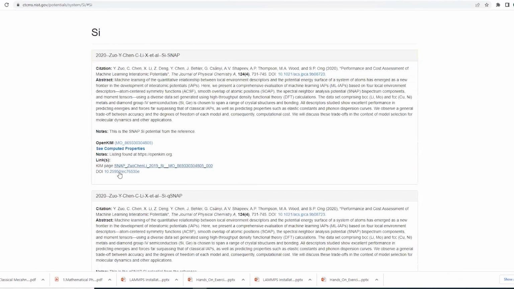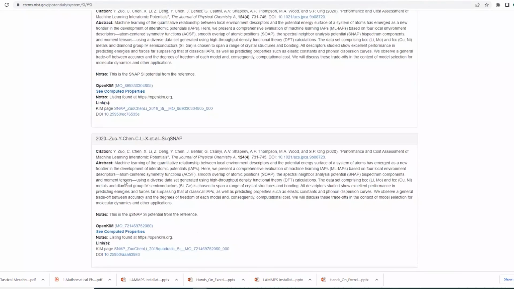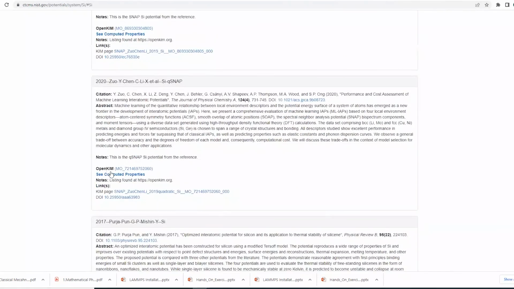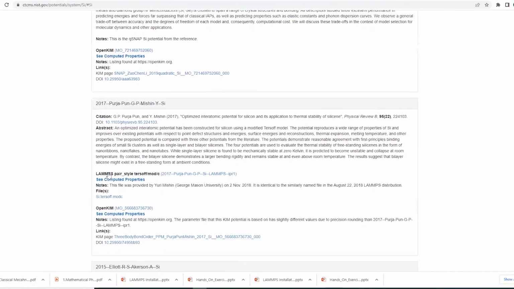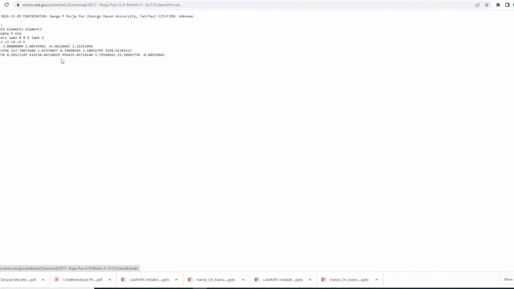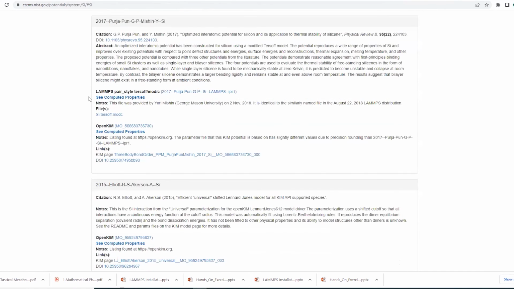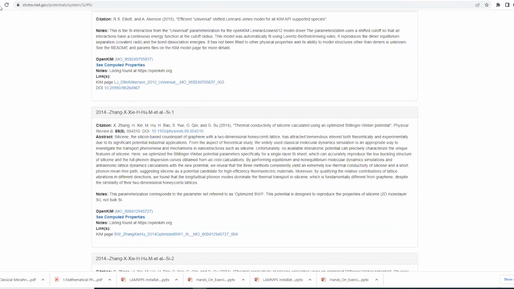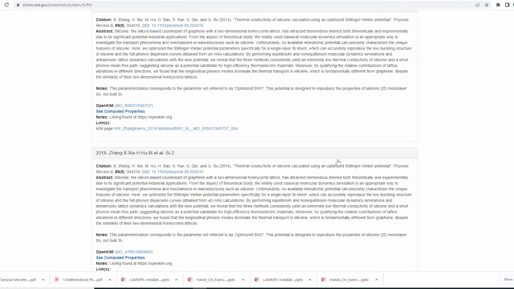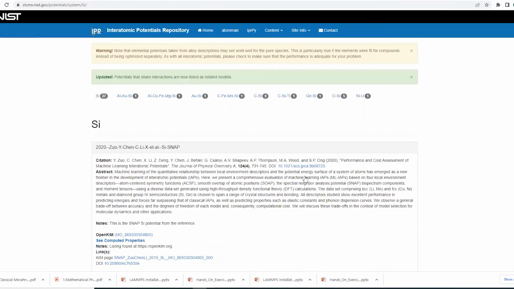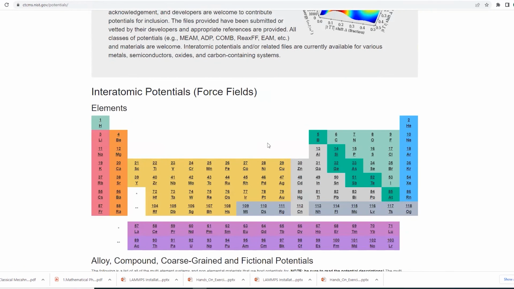So you'll get the potential from here, the parameters file for the potential. This is Tersoff. So this is the potential file. You can copy this and make a file from this parameter, and place it in your working directory. There are different potentials for different elements. You can take them from the ctcms.nist.gov website.